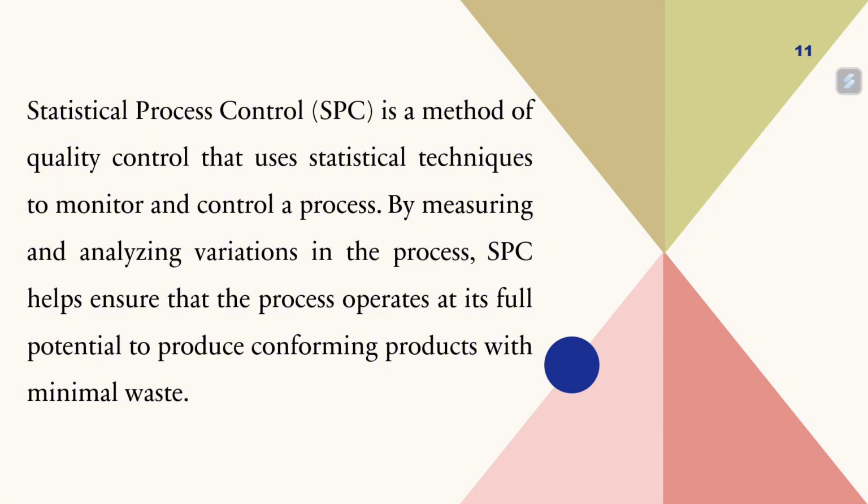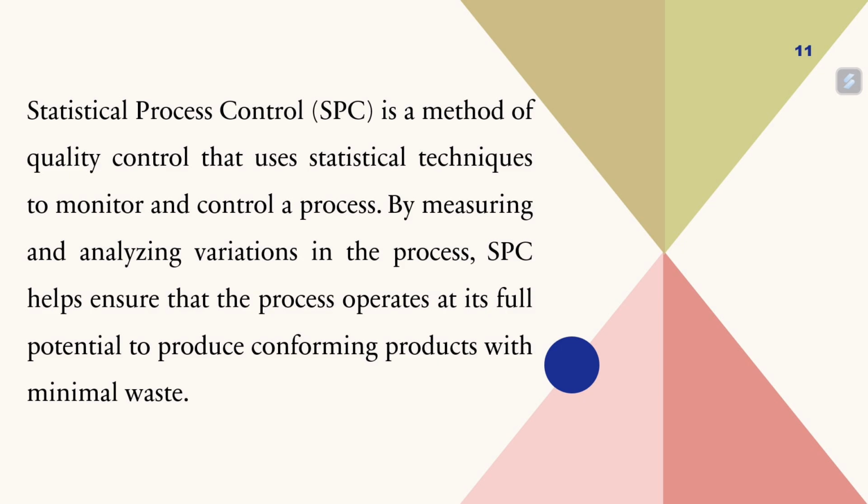So, SPC, or statistical process control, is a way to keep an eye on and manage a process using statistics. By checking and analyzing changes in the process, SPC helps make sure that the process runs smoothly and makes products that meet standards with as little waste as possible.